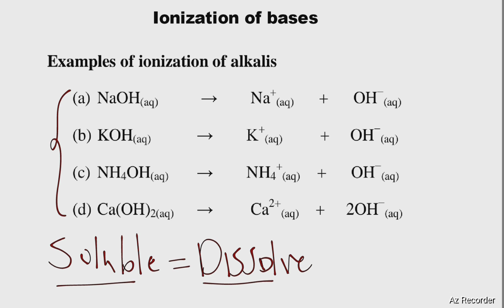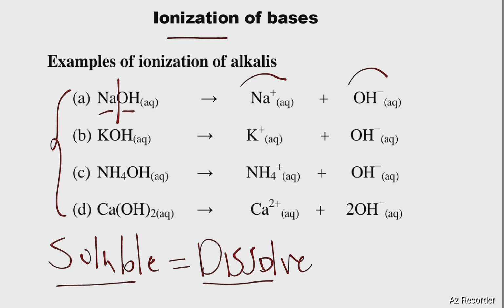Okay, so now when we look at these bases, they can undergo what we call ionization. Ionization is when a base splits into its ions. So here you have sodium and hydroxide. So this is the split. You are going to get sodium and the hydroxide on its own there.